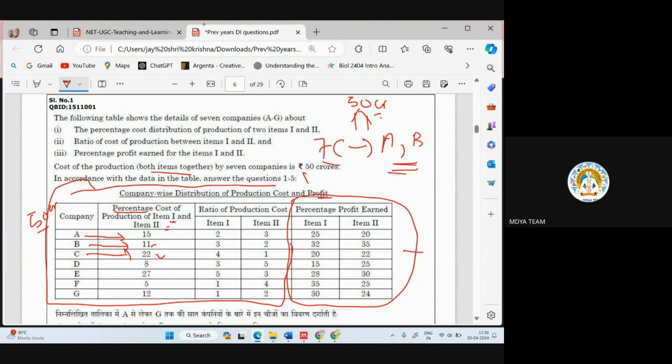Now, first we will try to understand what this ratio is and how we will get this. So can you take a screenshot? Okay, just a minute. I will open this on my phone and show you on the whiteboard. Because once you understand the table, then the question will be very easy. Just a minute.